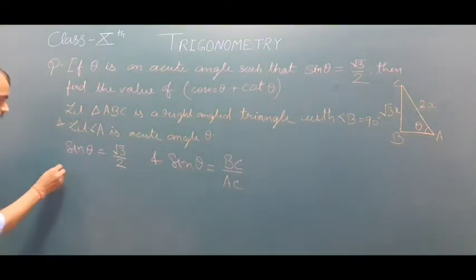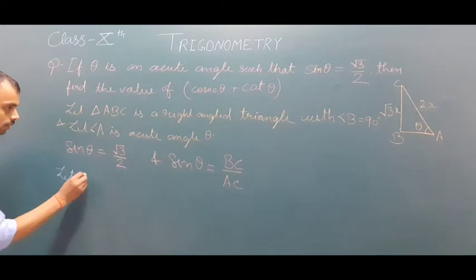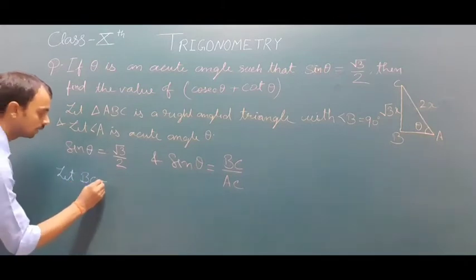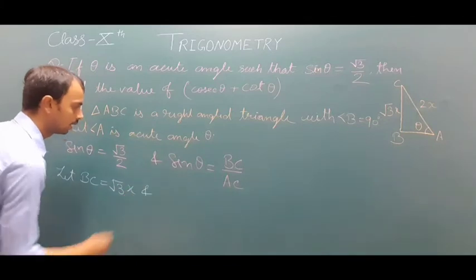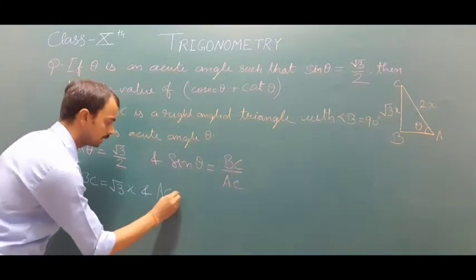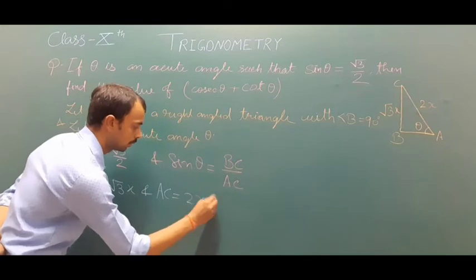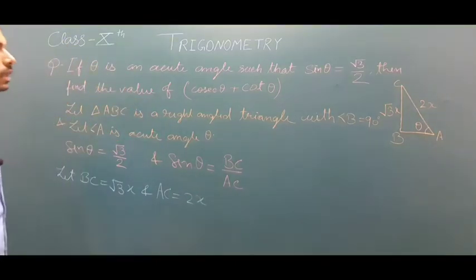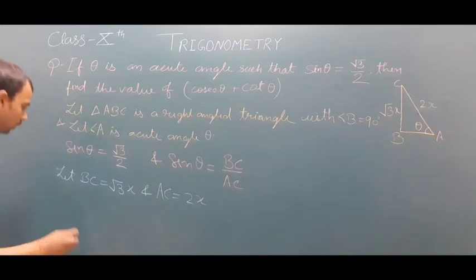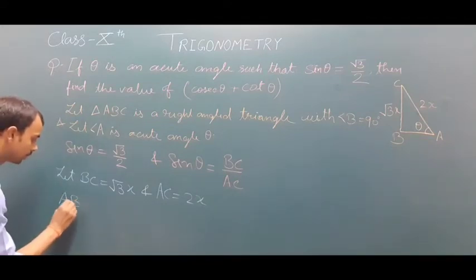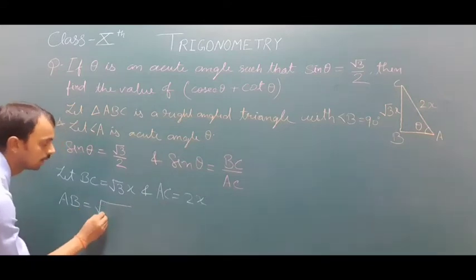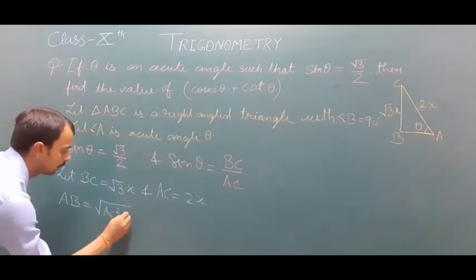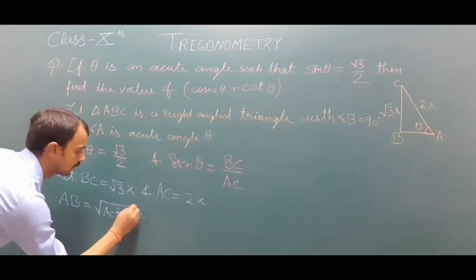Now here let BC be equal to root 3x and AC be equal to 2x. Using Pythagoras theorem, we can find the value of AB also. So the value of AB will be under root of AC square minus BC square.